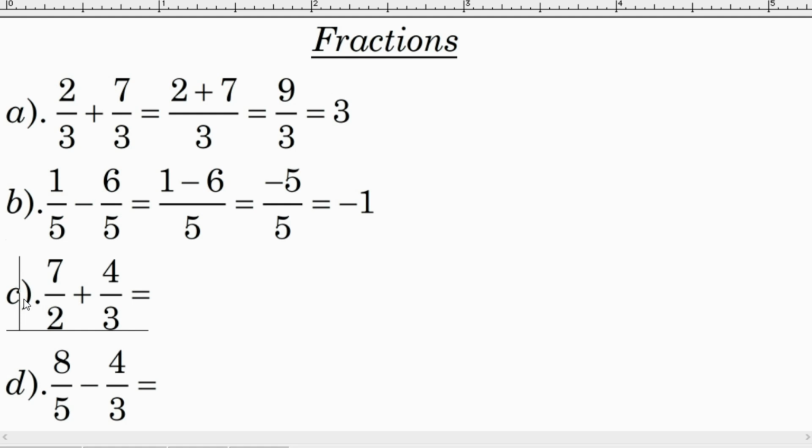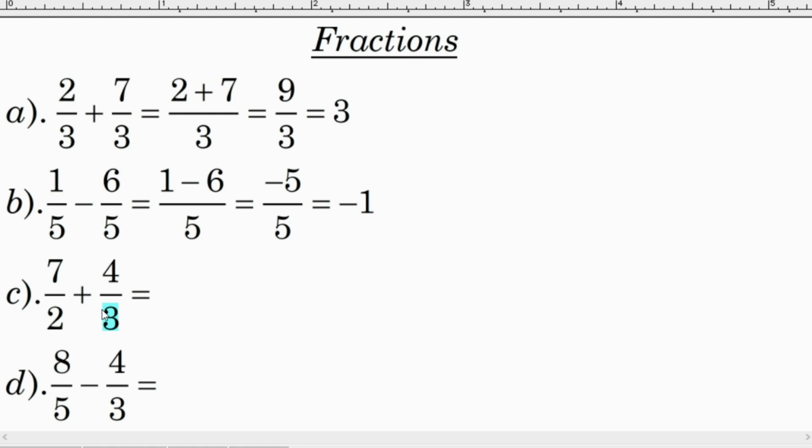Okay, then next we have C. Now we have different denominators, right? We have 2 and we have 3. It is not the same denominator as A and B. So what we have to do here is find the same denominator for both fractions.